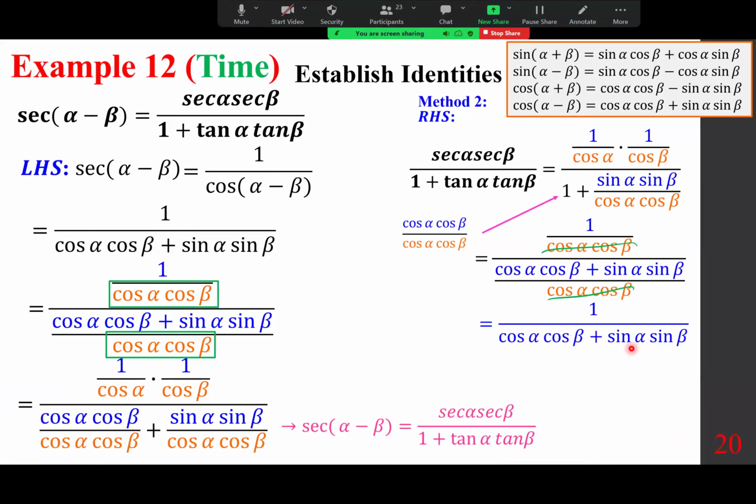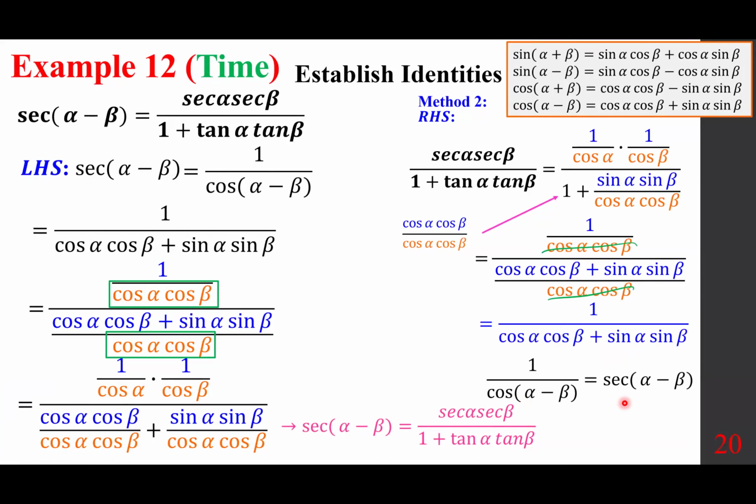And this one, you know, it's cosine of alpha minus beta. And 1 over cosine of alpha minus beta is equal to secant of alpha minus beta. And that's the proof. So you can go either way, from left to right or right to left.